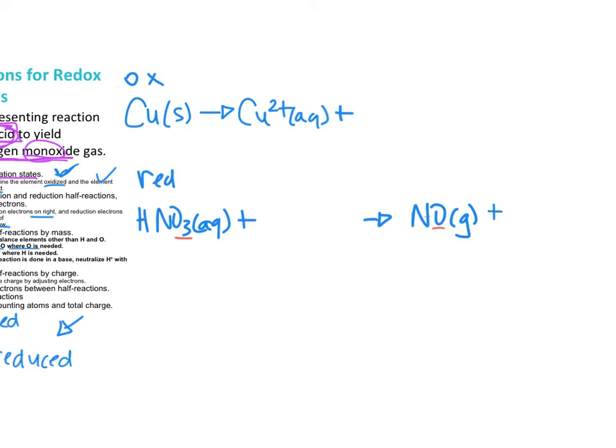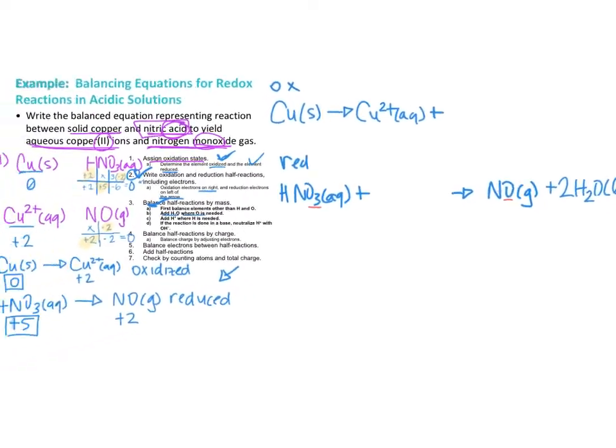We need a total of 2 more oxygens. So first I'm going to write out my water, liquid. And to make that 2, I only have 1 right now, so I'm going to put a coefficient in front of that, just to make this neat. Okay, so far I've balanced my oxygens. And that's really the only spot where you have to.